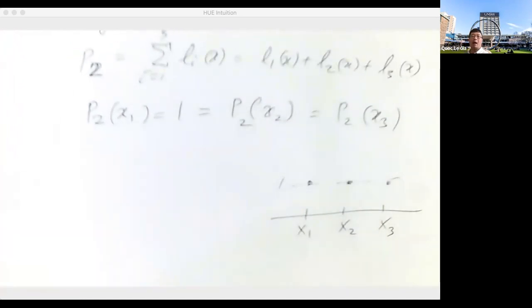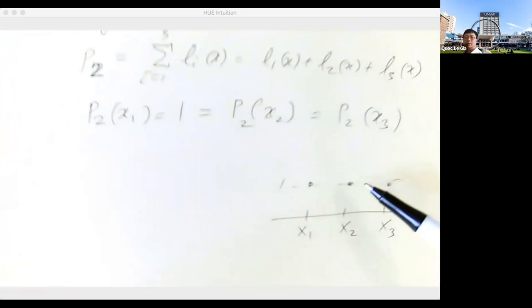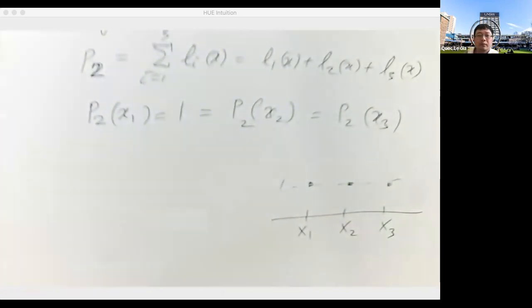But then how do I know for sure that P2 has to be equal to 1 everywhere? Can it go up and down in the middle?